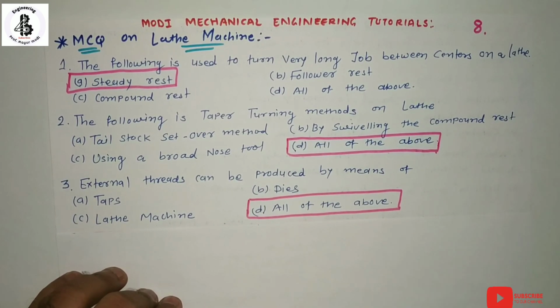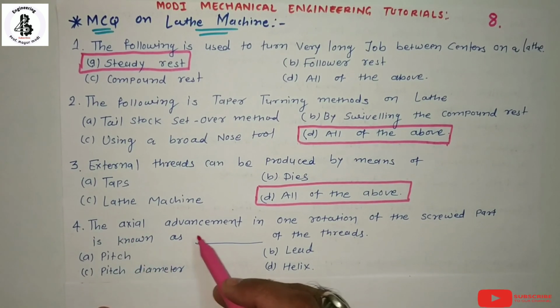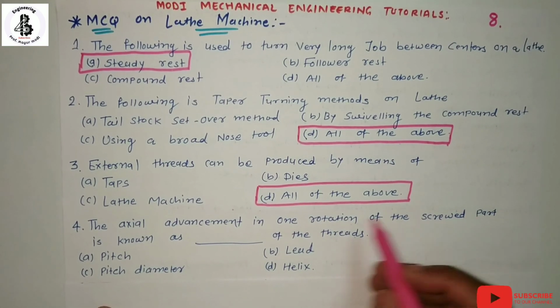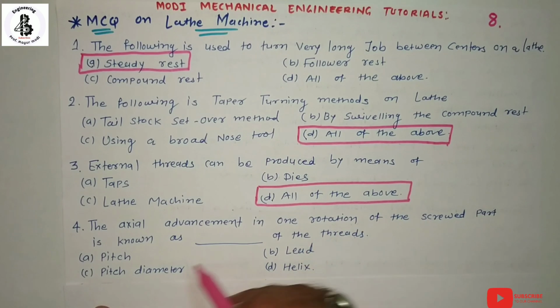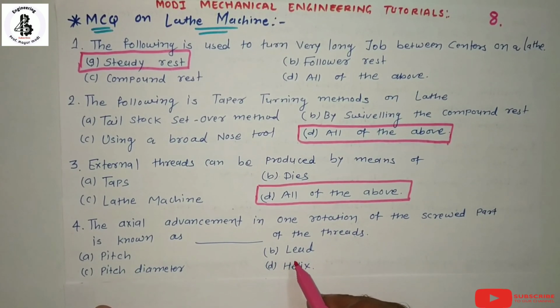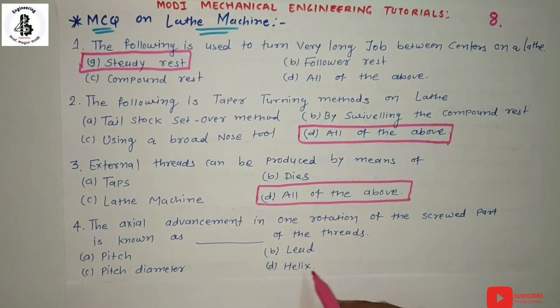Now next question. The axial advancement in one rotation of the screwed part is known as which of the threads? Option A, pitch of the threads. Option B, lead. Option C, pitch diameter. And option D, helix.